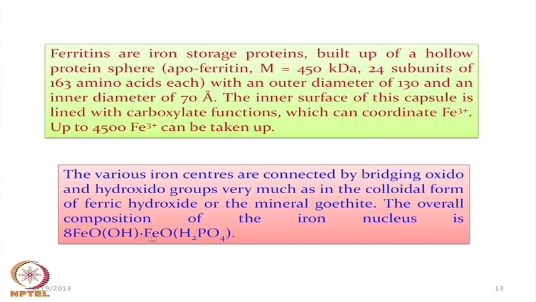The molecular formula of the stored iron can be 8 FeO(OH), FeO(H2PO4). From the outer surface we can have phosphate units from the lipid layer, but otherwise the basic structure is a biomineralization process where iron is stored by oxo-hydroxido core formation. Oxo and hydroxido groups are important for the generation of colloidal ferric hydroxide similar to the mineral goethite, and the overall composition is given by this particular formula.